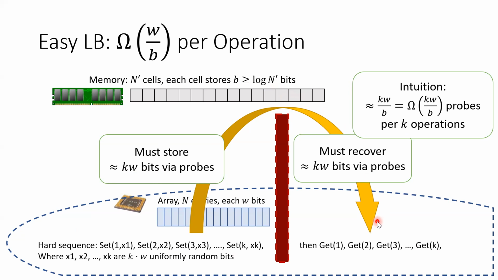We can just divide the number of bits by the size of each probe we can transfer, that's parameter b. Just dividing this, we get a lower bound on the number of probes needed during this k sequence of operations. And the amortized IO cost per operation is just w over b.